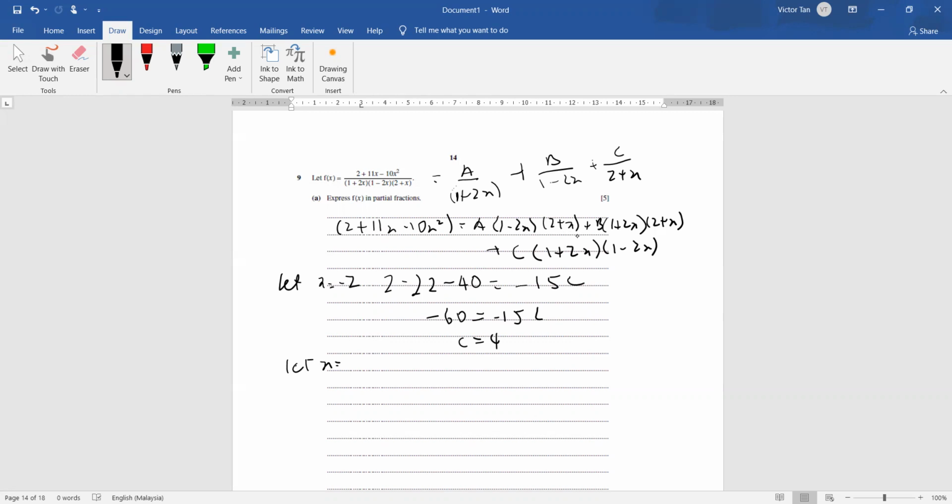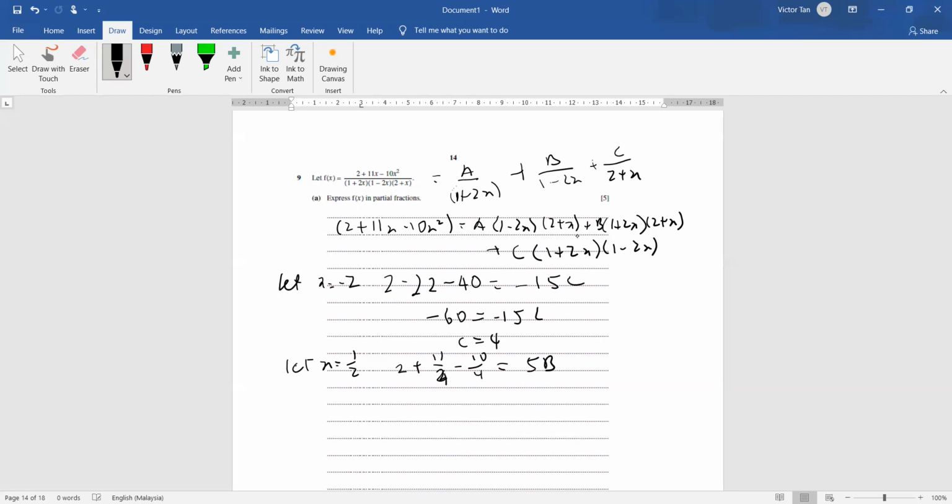X equals a half. So you have 2 plus 11 over 2 minus 10 over 4. 1 plus 1 is 2, 2 times 5 over 2 is 5, so 5B.